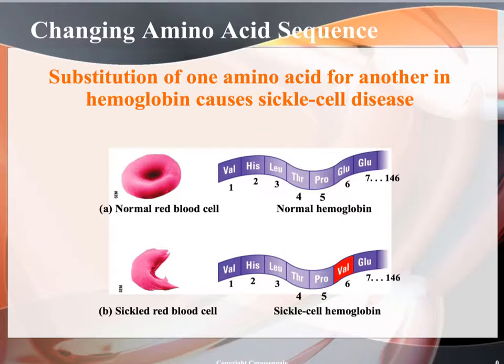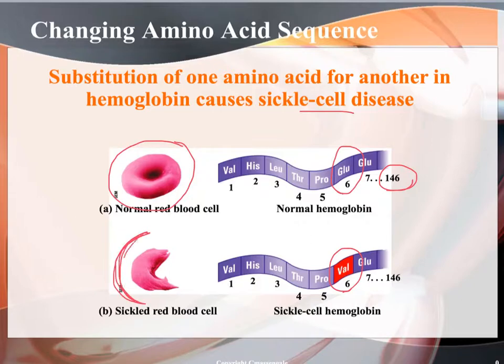Sickle cell anemia or sickle cell disease is an example of a change in primary structure causing an ultimate change in the protein's ability to do a function. The normal hemoglobin here is 146 amino acids long, and if one mistake is made, valine gets substituted for a glutamic acid, just one amino acid, you see the hemoglobin changing its shape to the extent that the normal red blood cell that looks sort of a donut shape with the middle still filled in turns into this sickled shape, sort of pointy on the ends, not fat and plump.